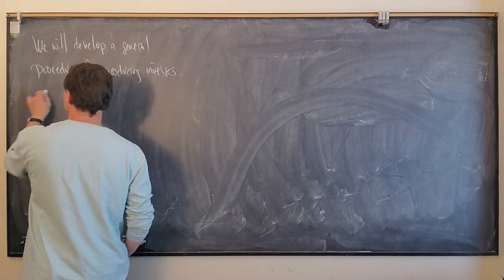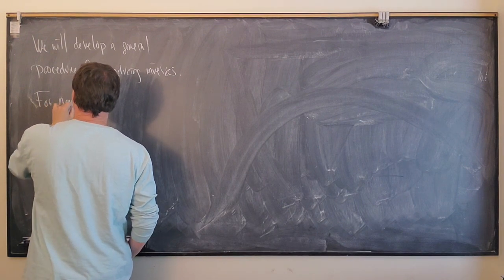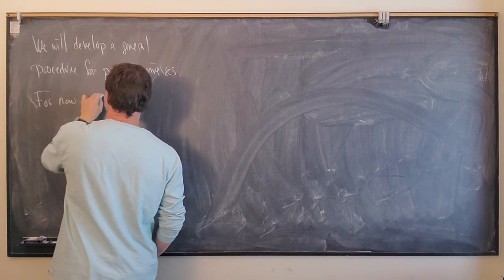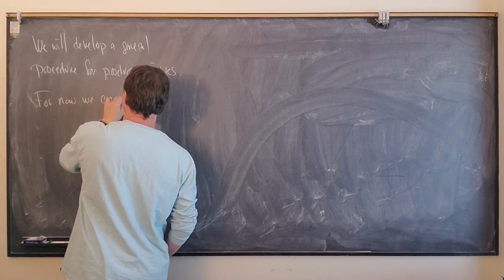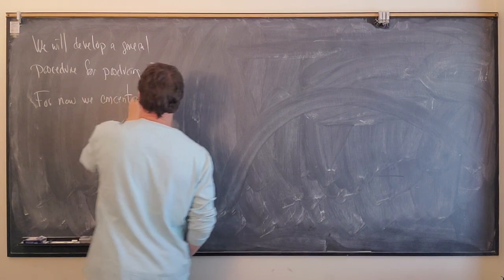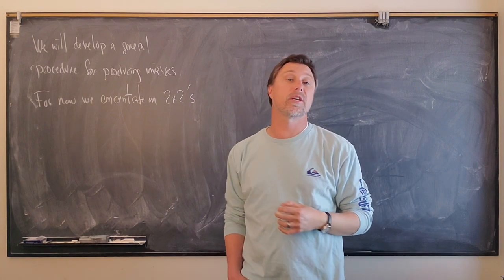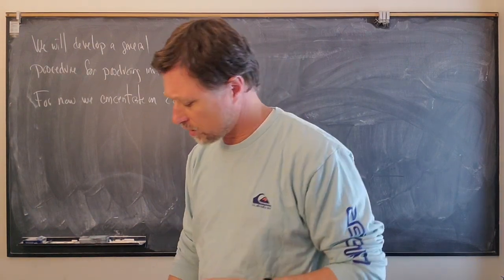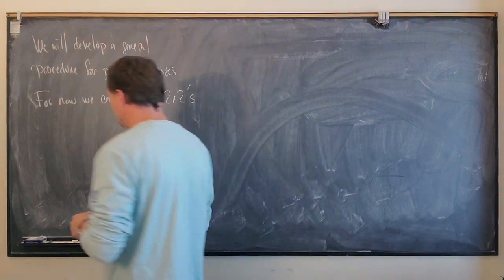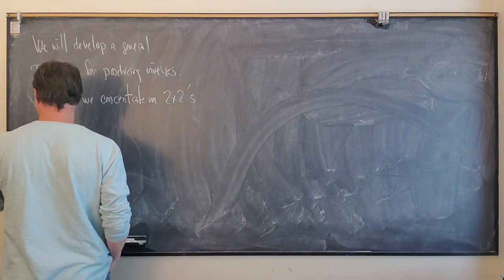For now, we concentrate on 2 by 2. We'll identify who the inverse of a 2 by 2 matrix is. So let's take a general 2 by 2.